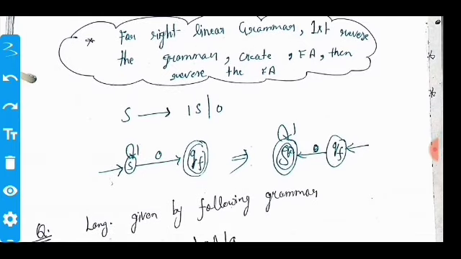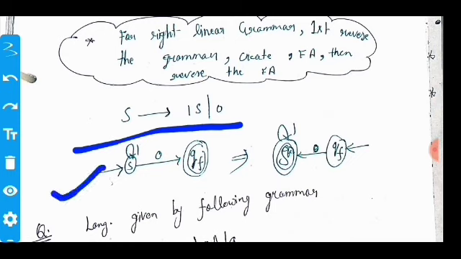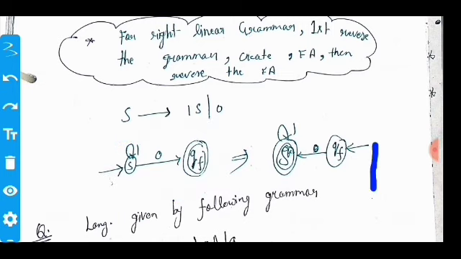Firstly we convert the grammar to S produces S1 or 0, then we create the finite automata. So we got this transition diagram, and we also reverse it, meaning the initial state becomes the final state and the final state becomes the initial state, and we change the direction of the arrows. Now move on, next question.